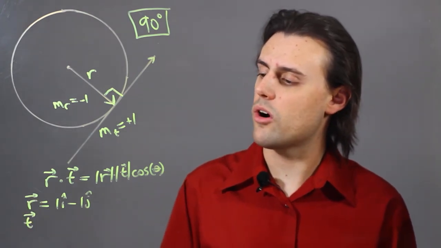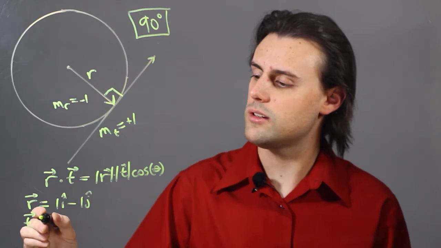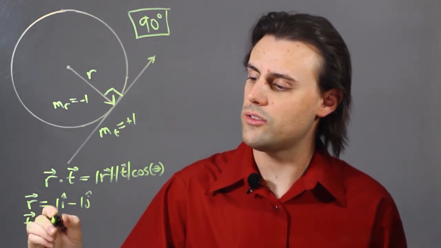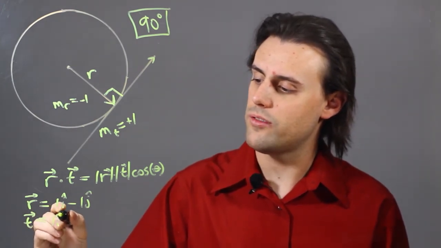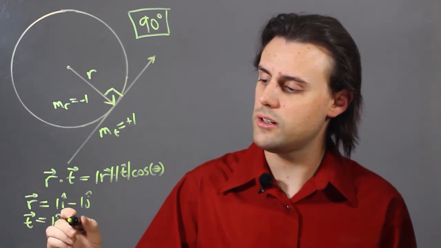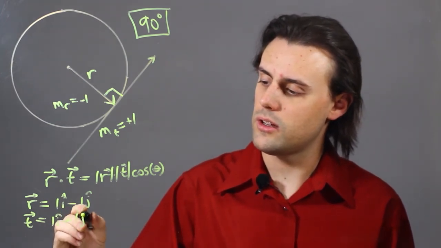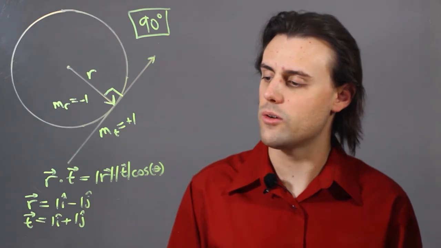And let's say for our perpendicular tangent line, we have a slope of 1, so we have +1 in the x direction, and then +1 in the vertical y direction.